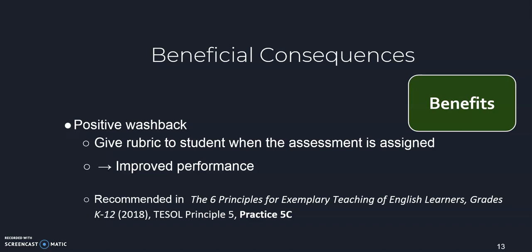That's just one way that giving the rubric before assessing the students will improve the performance. It will let the students give the best work that they can give by knowing how they were going to be assessed.